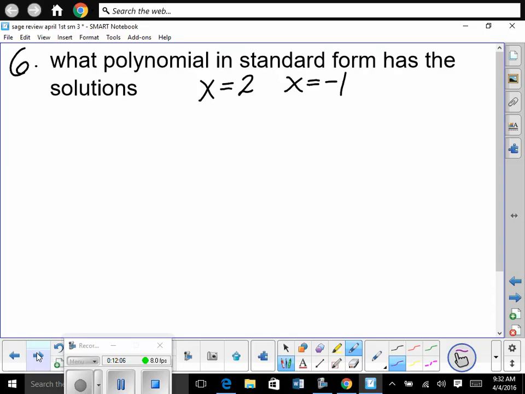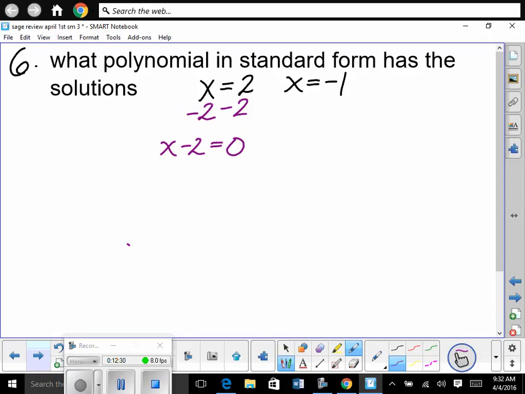So if these are the solutions, don't we work backwards to find the polynomial in standard form? So remember, to find the solutions, we had linear factors set equal to 0. So we need to go backwards. So we're going to subtract 2. Over here on the left, I have x minus 2 is equal to 0. Now, does everybody understand why that linear factor would give me the answer x equals 2?